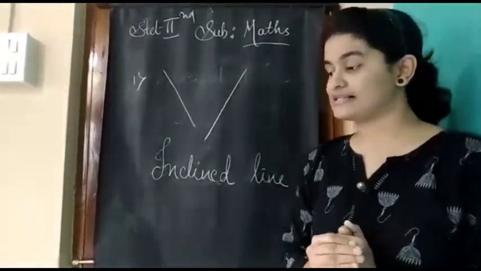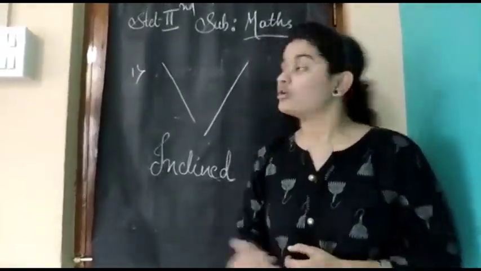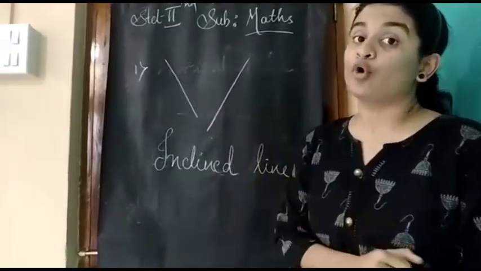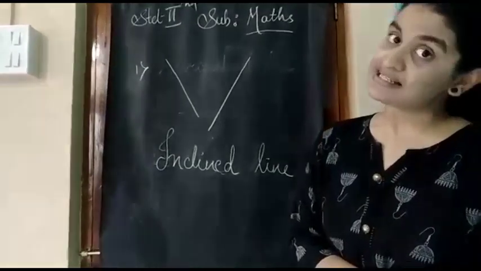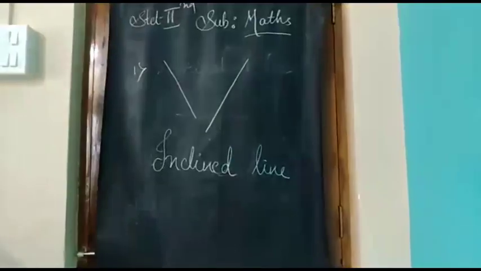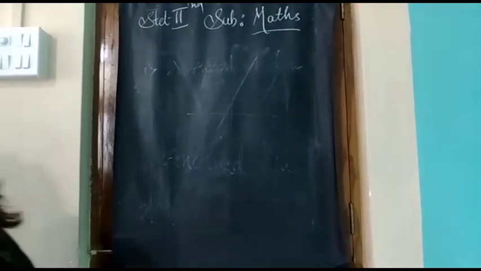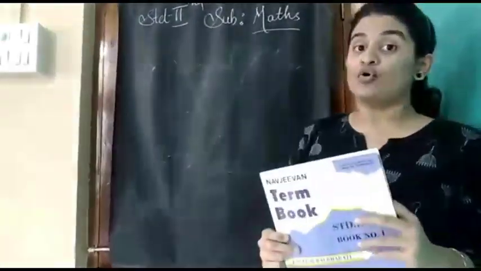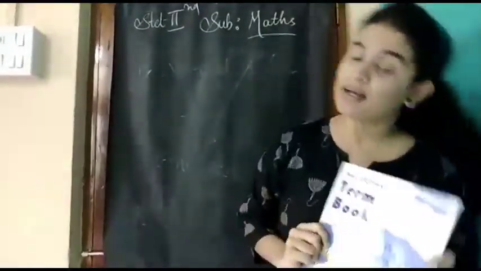Understood? Yes. So students, now I told you, if I tell you to draw line with a book, can you draw all three types of line with the book? Let's draw it, okay? Students, now we will draw three types of line with the help of the book.